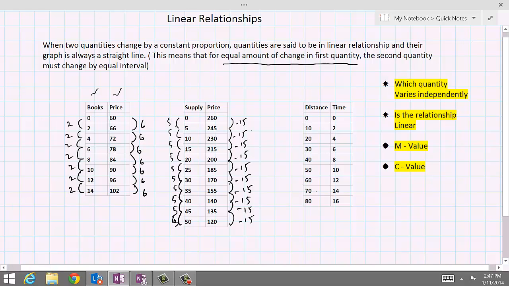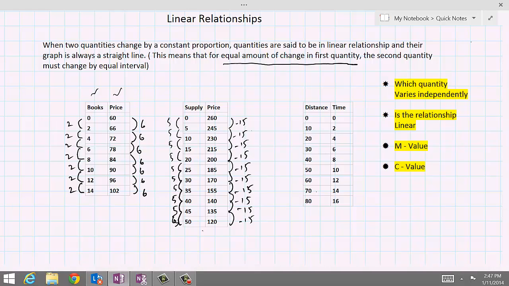For an equal amount of change in the values of the first variable, the values of the second variable change by an equal interval. So for every 5-unit increase, there is a decrease of 15, and that pattern continues all the way to the end.